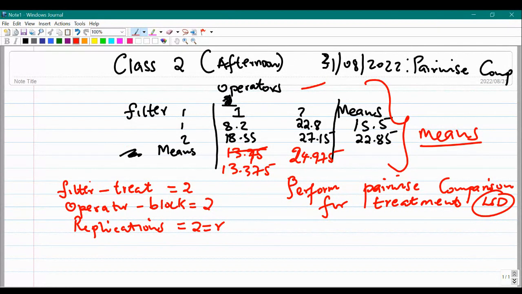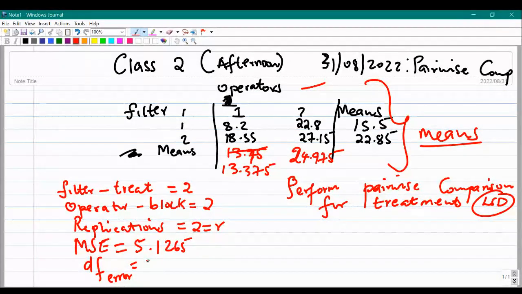How are we going to do it? It means we need the MSE, isn't it? You have the solution for this. What is your MSE, and what is the degrees of freedom of error? MSE is 5.1625, and the degrees of freedom of the error is 4.